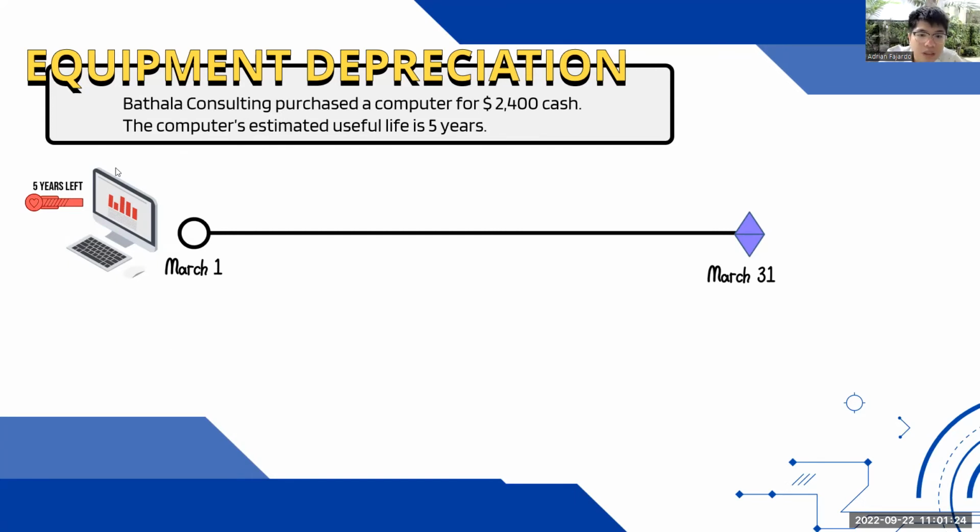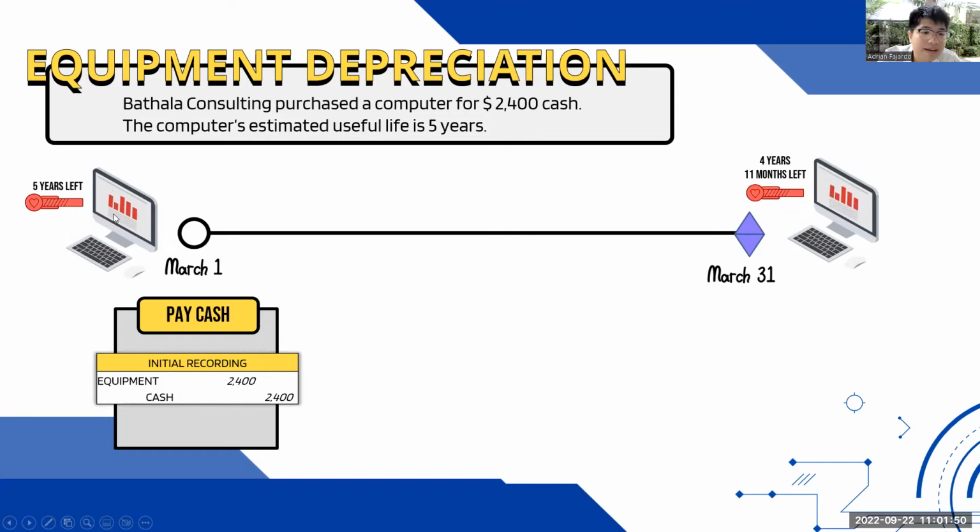So we bought the computer for 2,400. And then at March 1, brand new, 5 years left, right? Pero after a month, nag-depreciate na yung actual value ng computer natin because 1 month of its useful life was used. Right now, in March 31, 4 years, 11 months na lang yung natira, right?